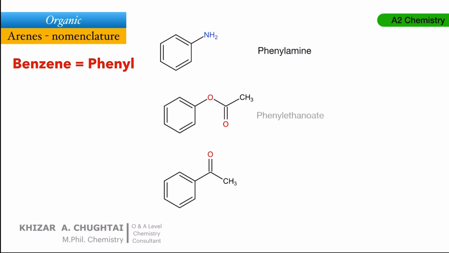And this is a ketone. Again, the benzene ring is acting as phenyl, as a substituent, so its name is phenyl acetone. You can also write phenylethanone.